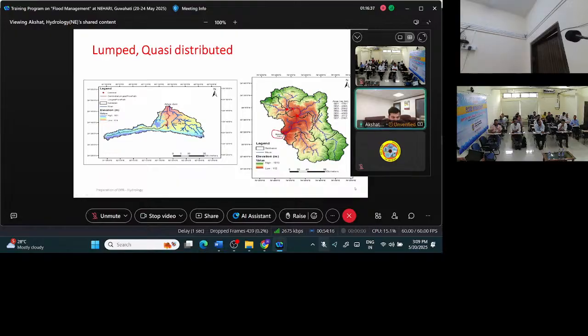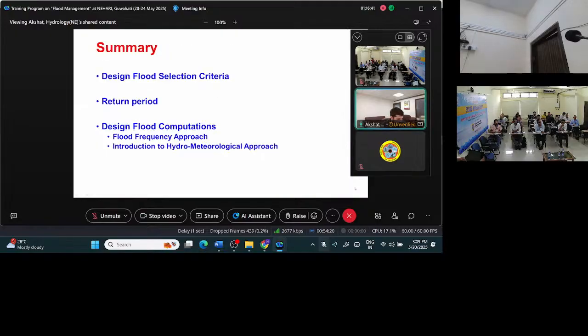I hope this is clear up to this point. So I'll end my lecture with a summary of what we have discussed today. What is the design flood selection criteria? For an embankment, the design flood is a 50-year flood or a 100-year flood if it is accompanied by flood protection work.